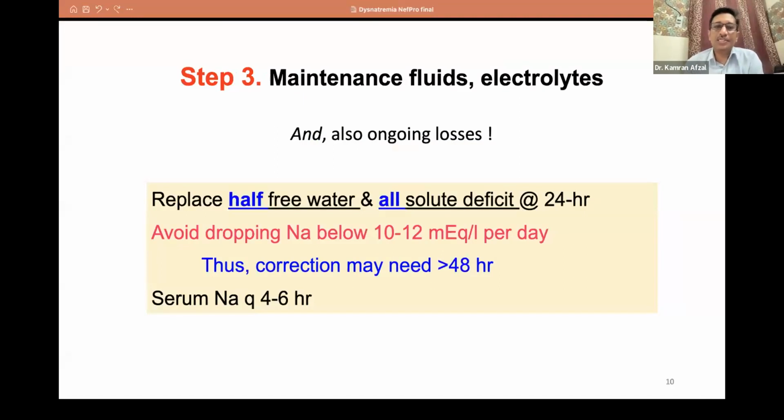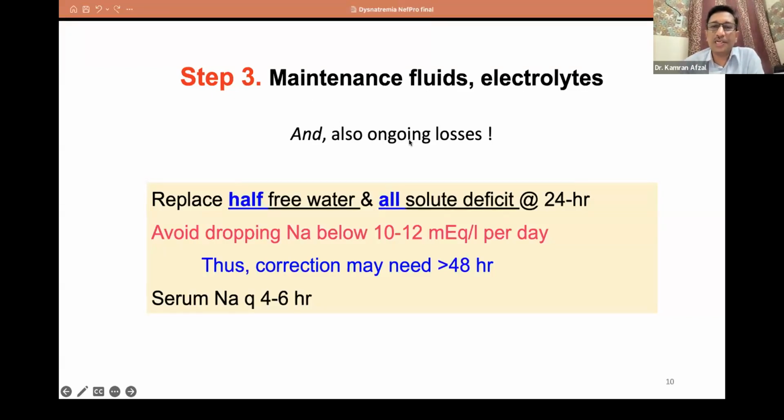And finally, in step 3, we also measure the maintenance fluid and the electrolytes. And we know that nowadays we are not using hypotonic fluid for maintenance purposes. And not to forget that the ongoing losses must also be taken into account to replenish. Now, how do we give all this fluid, the deficit fluid, the maintenance fluid, and the ongoing losses?